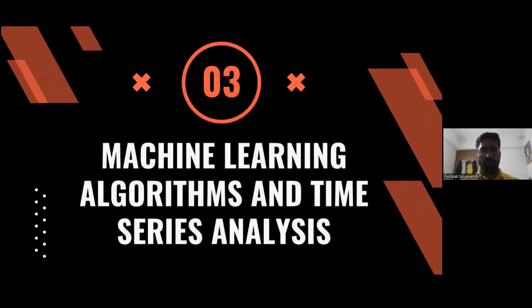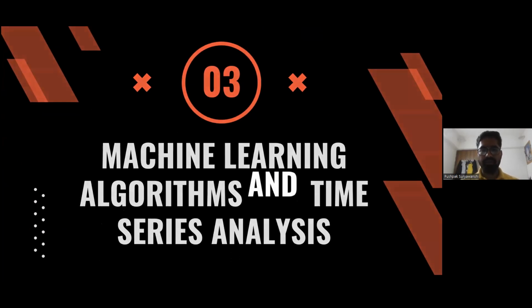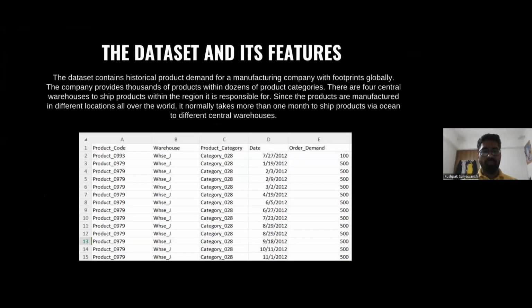So let us see the various machine learning algorithms and time series analysis. Firstly, the data set given to me was from Kaggle, and it consisted of the historical product demand for a manufacturing company. It consisted of 5 columns, namely product code, warehouse, product category, date, and order demand.